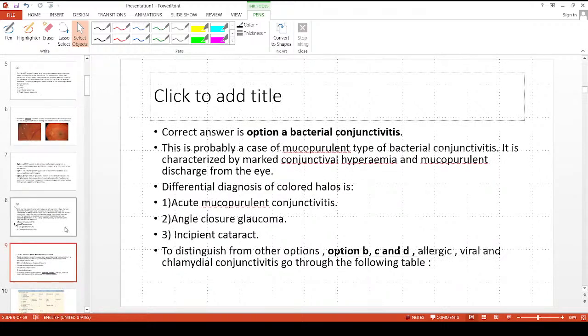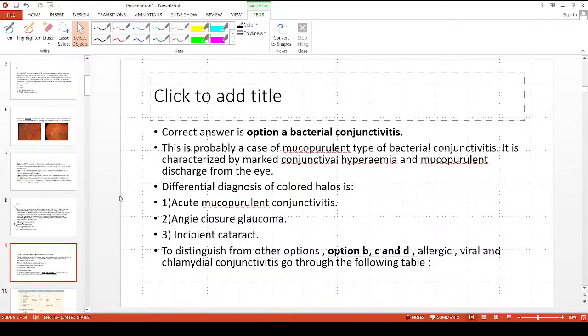So here it is very simple. The answer is bacterial conjunctivitis. Why? Because the patient has characteristic signs of bacterial conjunctivitis, that is mucopurulent discharge along with conjunctival hyperemia, and one of the differential diagnoses for colored halos is mucopurulent conjunctivitis.